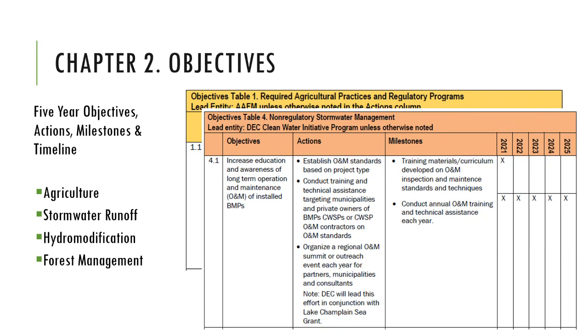So the second category that it's broken up into is the stormwater runoff. The stormwater runoff section is broken up into regulatory stormwater and non-regulatory stormwater. It talks about the objectives. Again, I just took a clip, there's many more objectives. This one's related to the operation and maintenance standards and training on that.